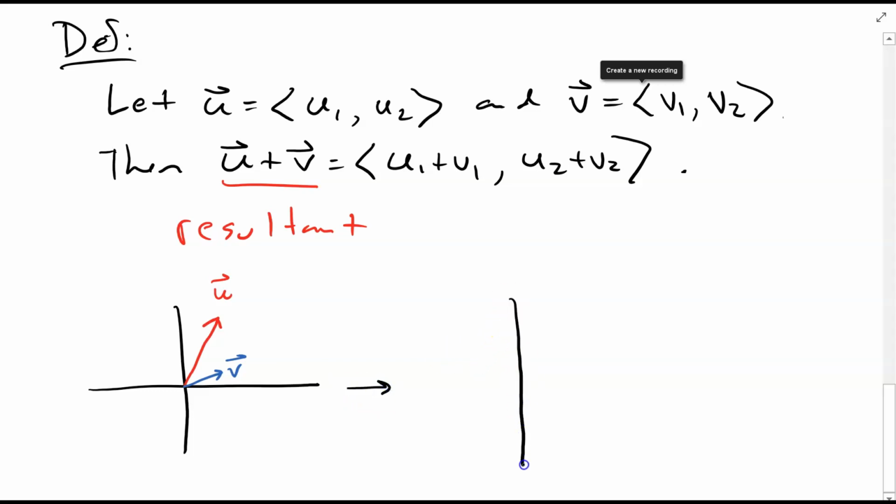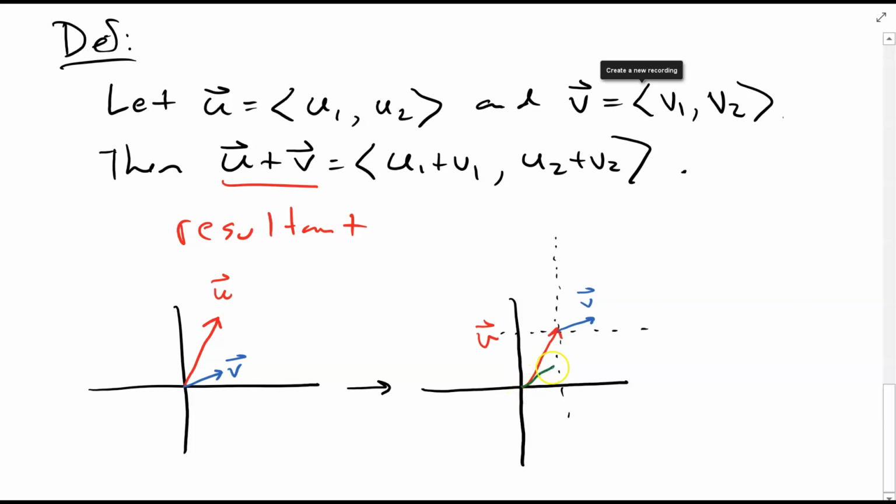What we do is take my vector u, and then redraw an imaginary xy axis, and now I'm going to draw vector v starting where vector u ended.